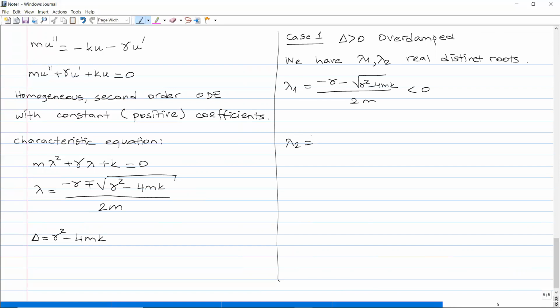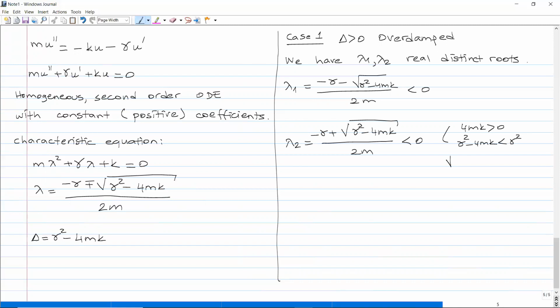The second one, minus gamma plus the square root, gamma squared minus 4mk over 2m. This is still negative because 4mk is positive. The constants m and k are positive. So gamma squared minus 4mk is less than gamma squared. You're subtracting something.